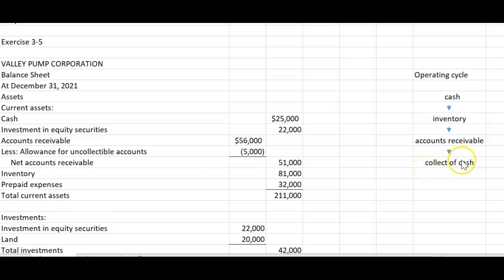If the accounts receivable is collected many times in one year, that operating cycle would be 1 year, and so all assets would be current each year. So at December 31st, that would represent current assets for a year.